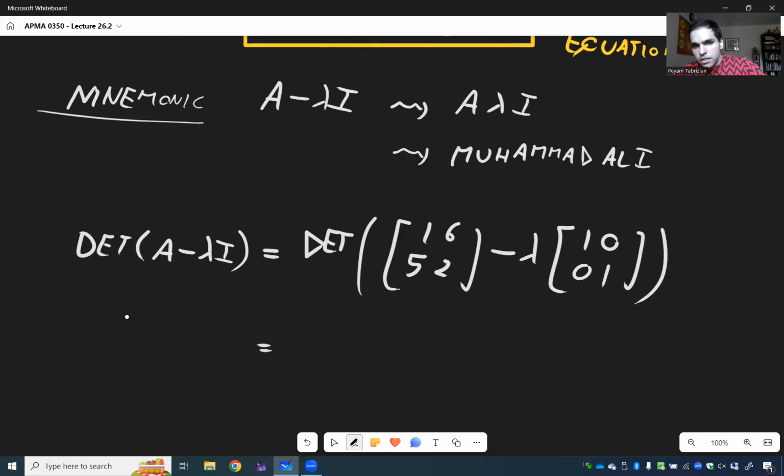And that becomes the determinant. Again, if you put everything together, it's 1 minus lambda times 1, so 1 minus lambda, 6 minus lambda times 0, so 6, 5 minus lambda times 0, 5, and then 2 minus lambda.